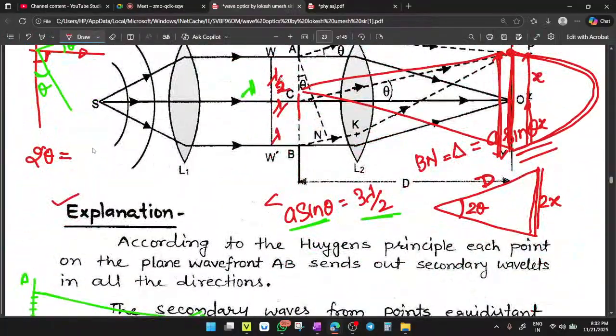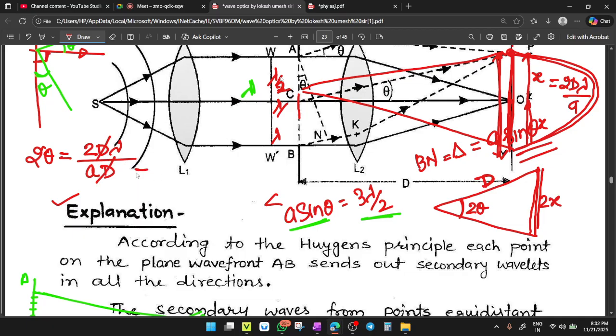So placing the value, 2 theta equals arc divided by radius, and the radius here is D.